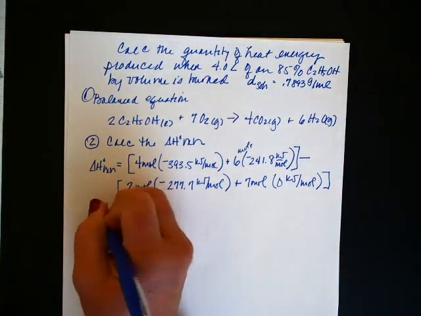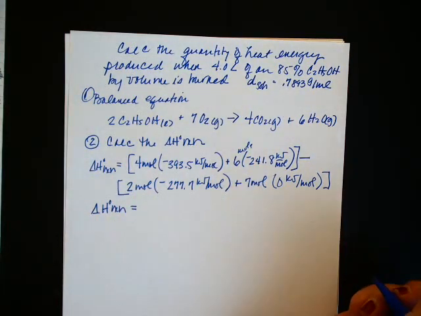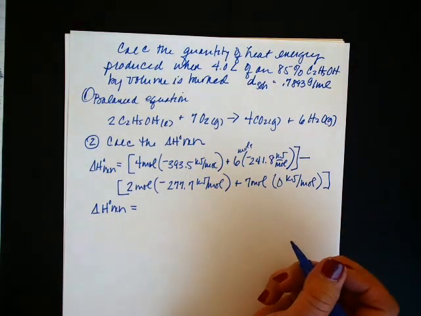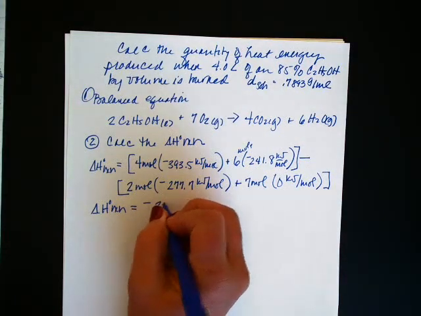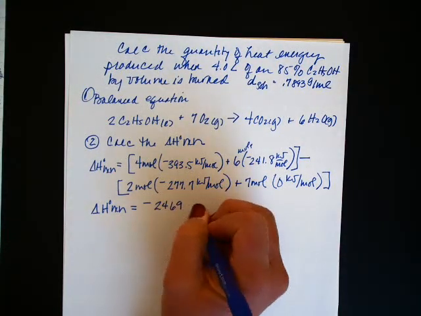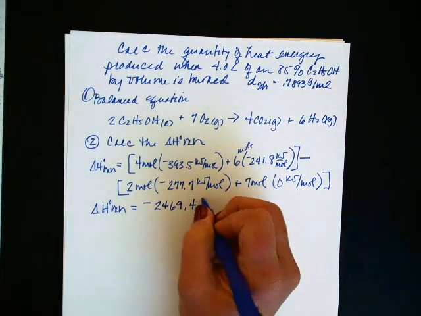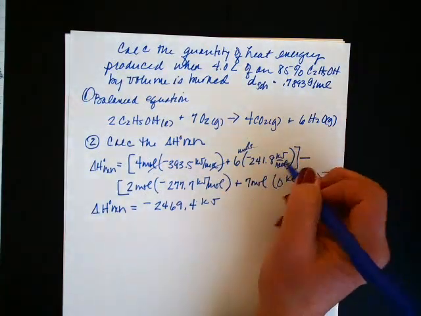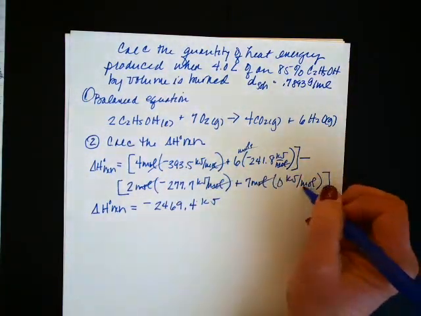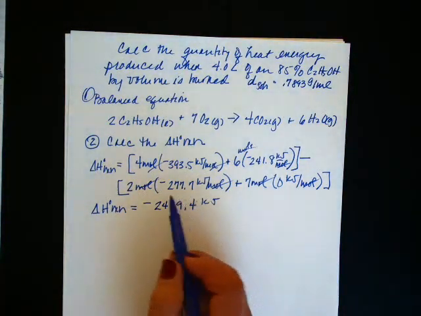So the standard heat of this reaction is minus 2469.4 kilojoules. These moles are canceling. And I need how many sig figs?